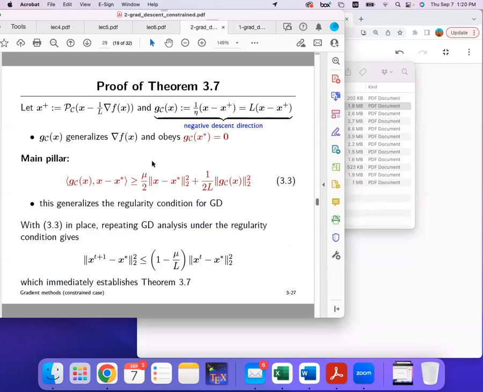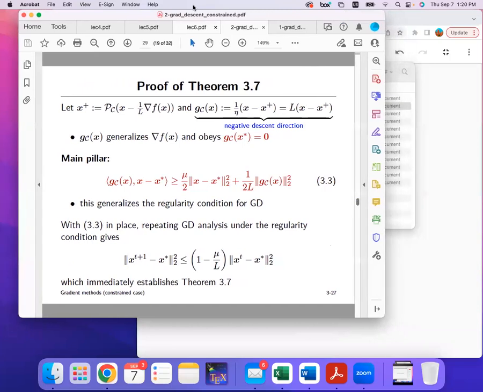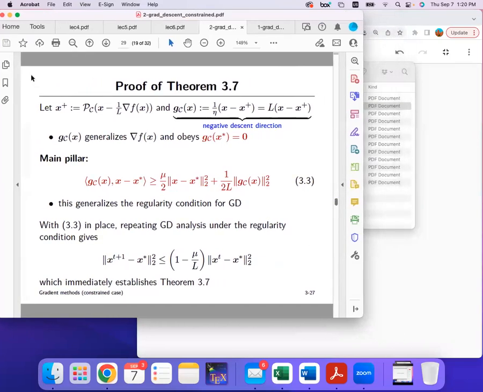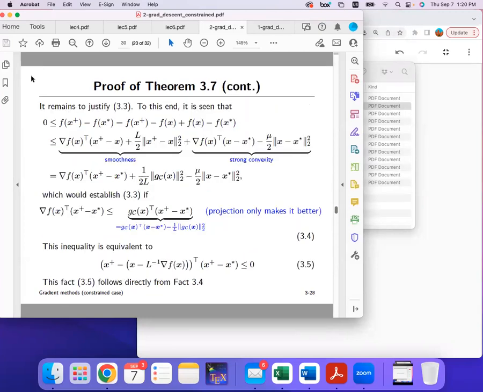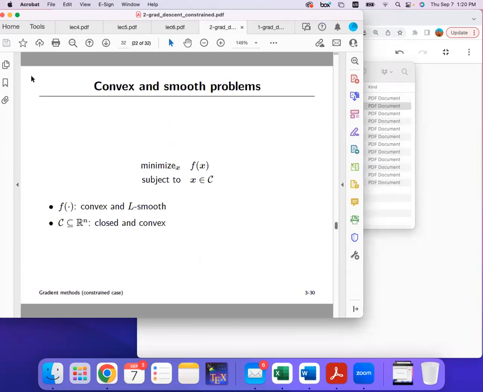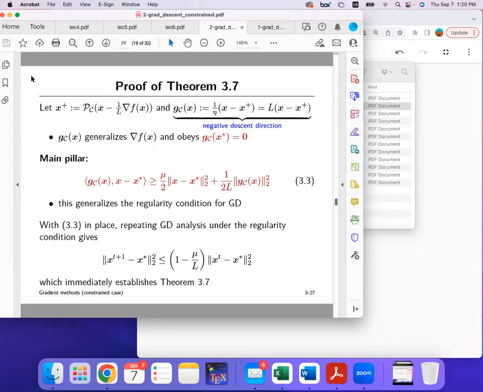Okay, let me just look at this one. I did not include the detailed proof here, but I think it's just a direct expansion of the distance term.